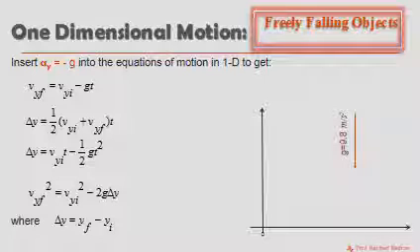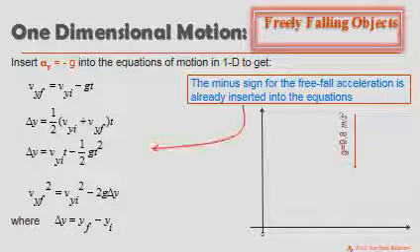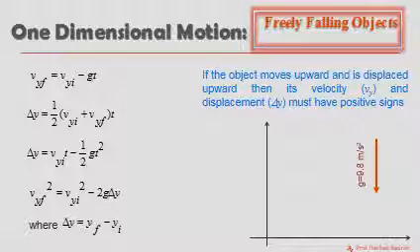where delta y in these equations must also be considered, depending on the direction of the motion. If the object is moving upward, then the initial velocity must be considered as positive, and delta y as well.